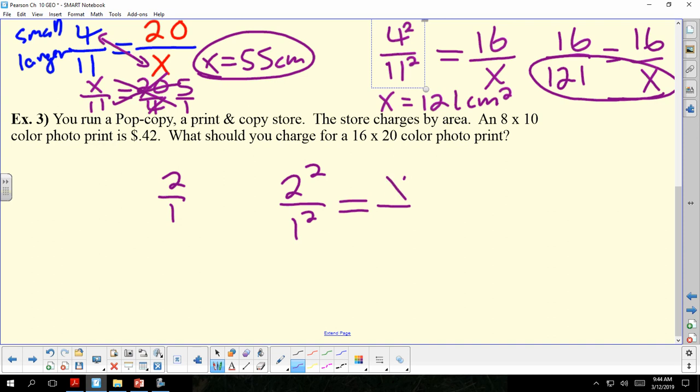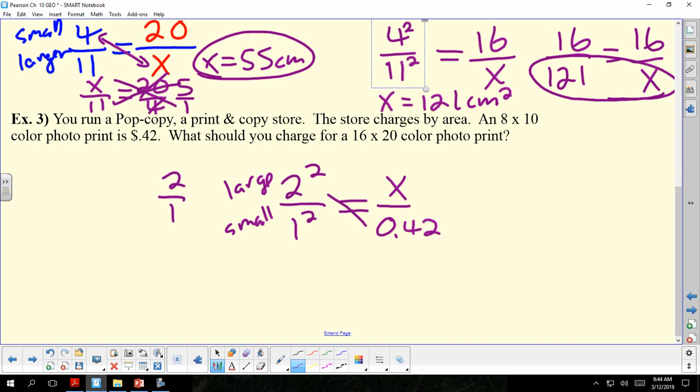And we want to solve for the larger one. This is the larger one here. This is a smaller one here. The smaller one is 42 cents. So notice the bigger one isn't going to be just 2 times the smaller one. It's actually going to be 4 times the smaller one.